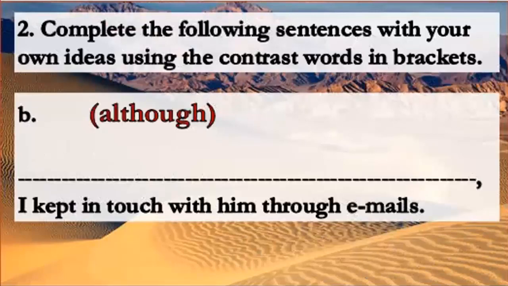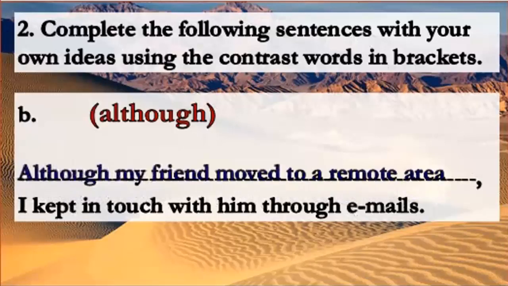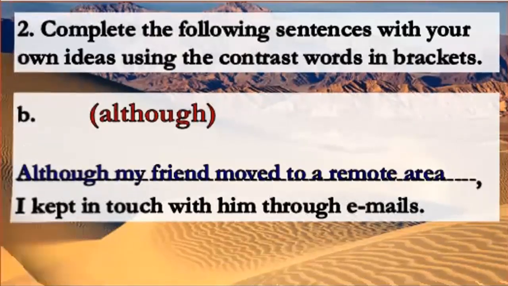Now, point B. I kept in touch with him through emails. Try to use although. Yes. Although my friend moved to a remote area, I kept in touch with him through emails.